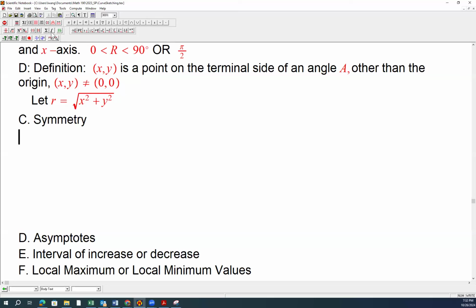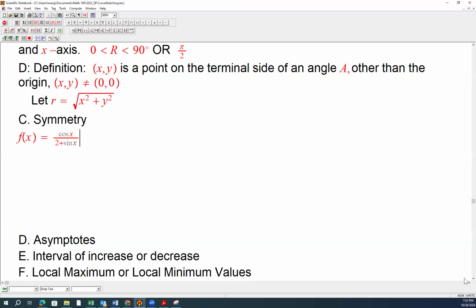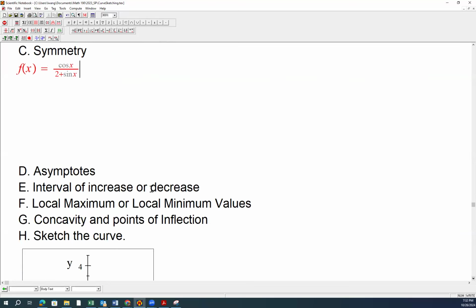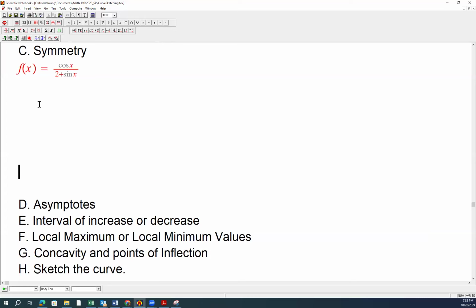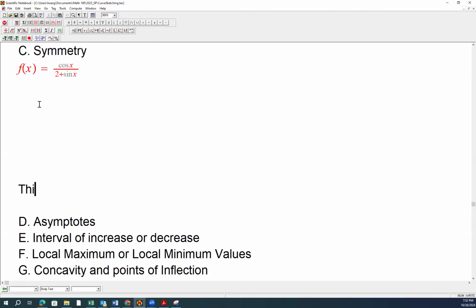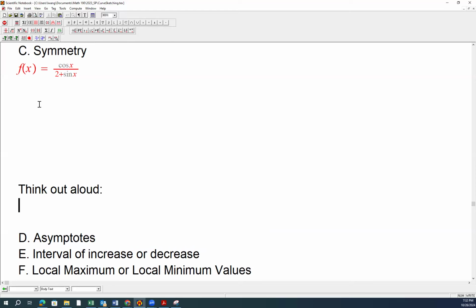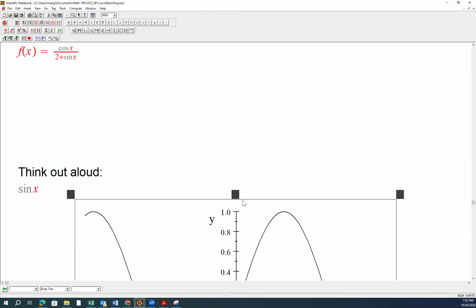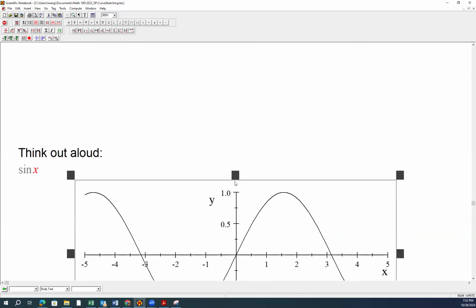And now we come to C. Think out loud. Is a sine function, as we know, we have done the graph in our crash course. Okay, so sine x, if you graph it, you get the graph pretty easily.